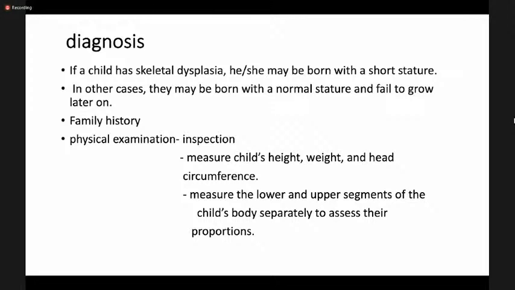Then, as I mentioned, there may be a family history. You also need to measure the child's height, weight, and the head circumference. Measure the lower and the upper segments of the child's body separately to assess their proportions.